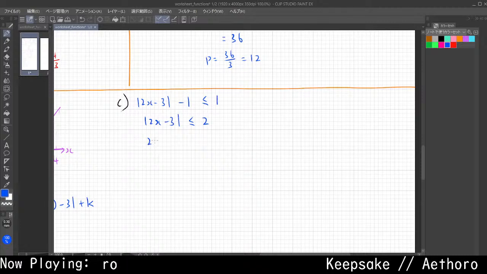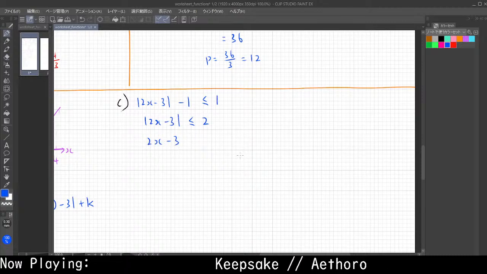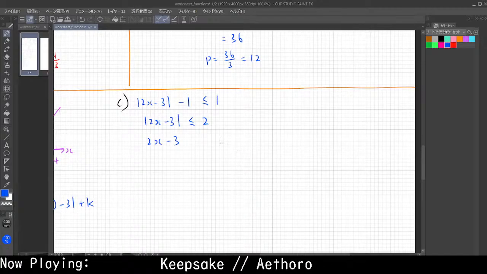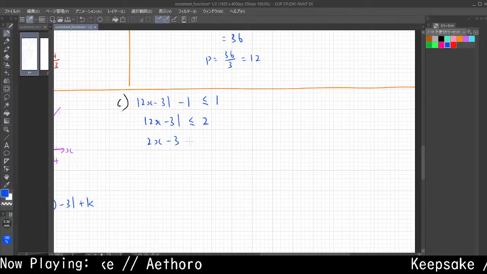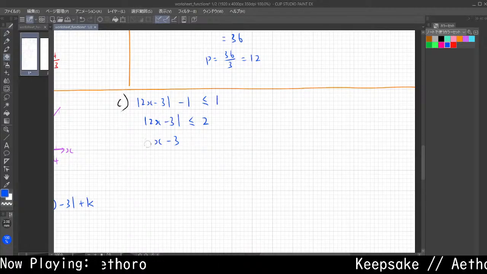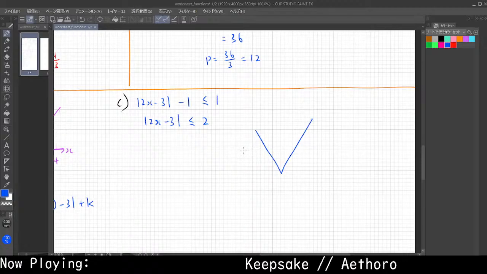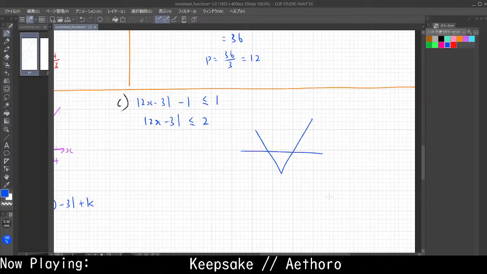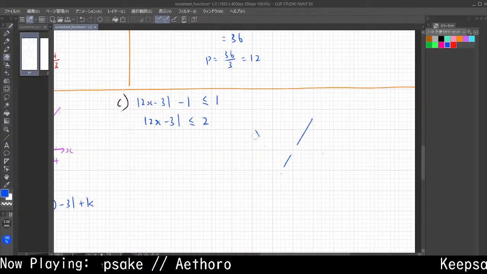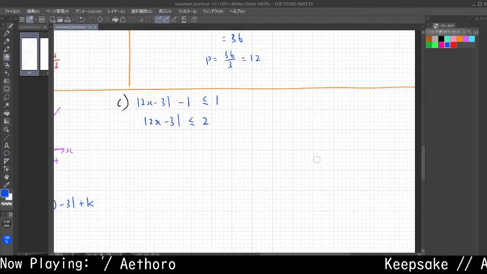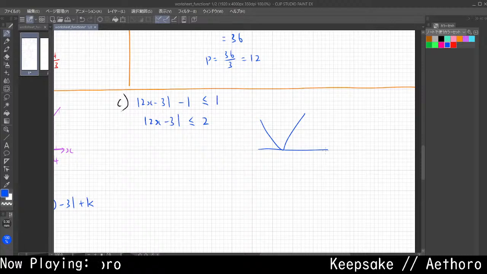Let me just think about it. Let's say you want your V shape to be less than 2.